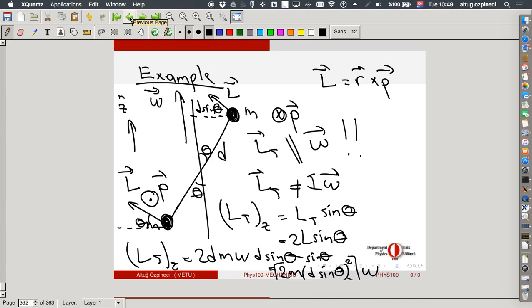This is what they call an imbalance in the wheel. It is basically the mass distribution becoming non-symmetrical. If the mass distribution is non-symmetrical, in that case the angular momentum is not in the direction of the angular velocity. The angular velocity is always in the direction of the axis as your wheel is rotating.